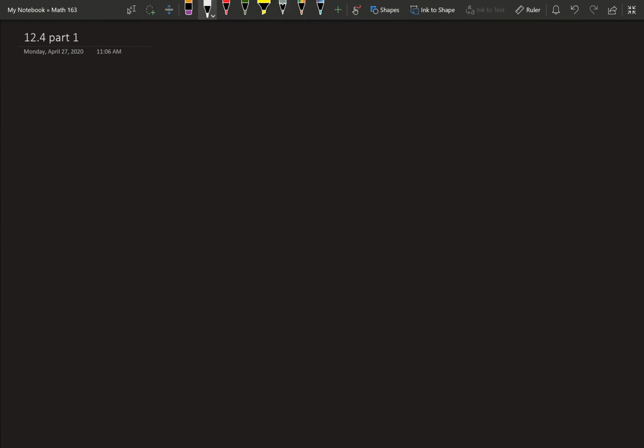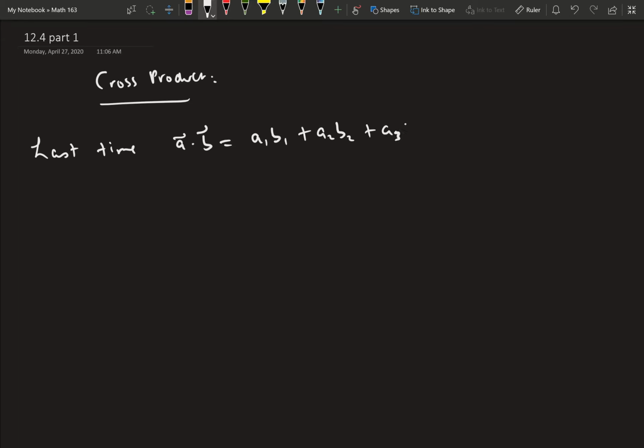Okay, we're going to start 12.4, which is on the cross product. So last time we saw the dot product, right? Which was, if we had two vectors a and b, if we took the dot, this was a1 b1 plus a2 b2 plus a3 b3.